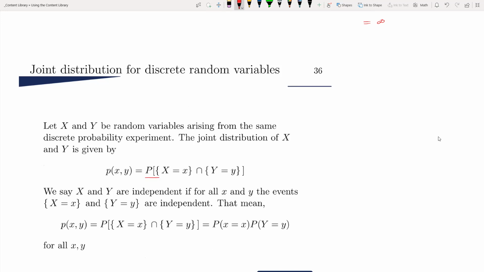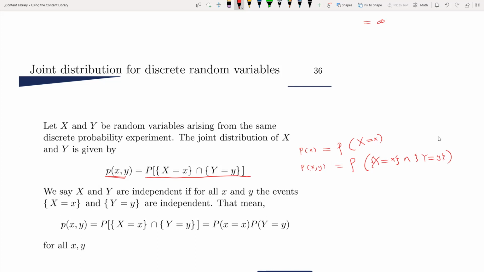So instead of this long expression, you can write it in a simple way like this. But when you say this, you need to remember what that means. For example, when we just write probability of x, what that really means is the probability that random variable X takes that little x value. In the same way, probability of x, y means the probability that random variable X takes x and random variable Y takes little y value.